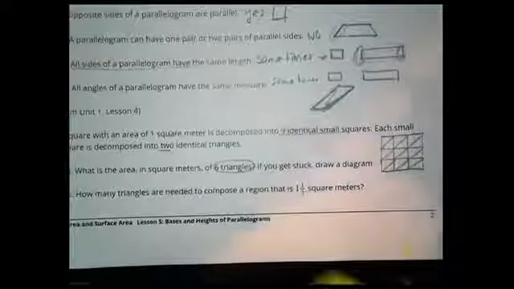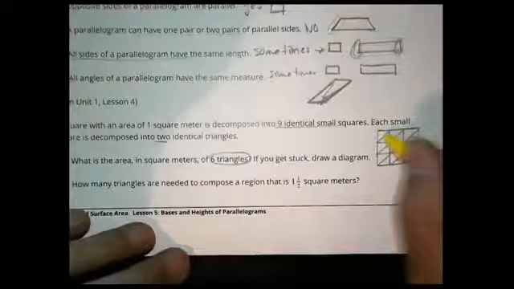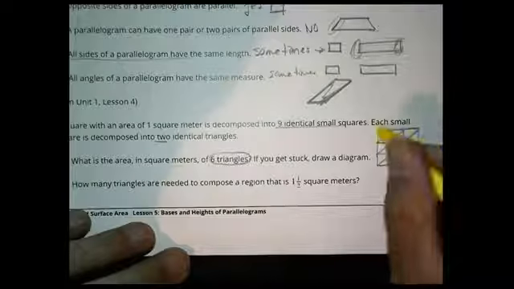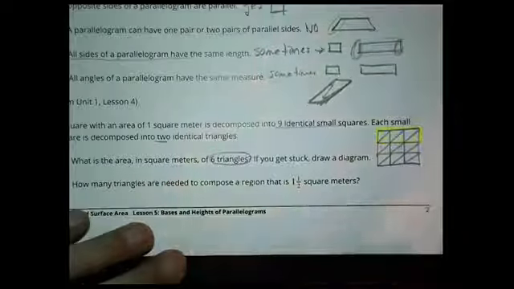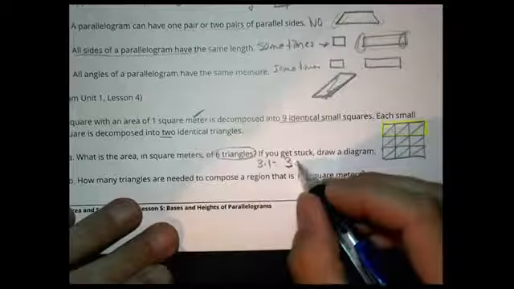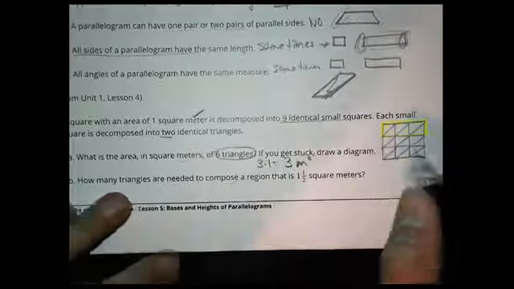We could look at it and go, well, that's 1, 2, 3, 4, 5, 6. So 6 triangles is that space right there, which is a 3 by 1. So we would say 3 times 1 equals 3 meters squared. Okay?